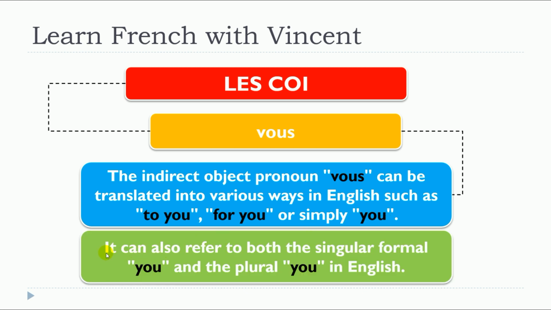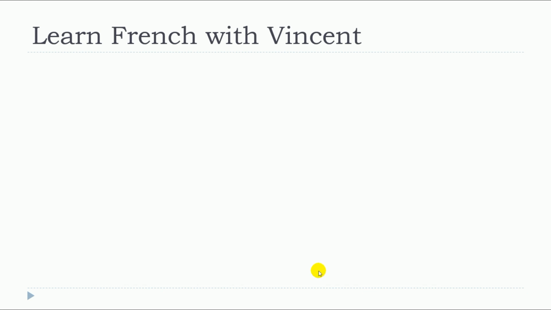Keep in mind, it can also refer to both the singular formal you and the plural you in English. So remember, we can use it for the singular formal form, you, and the plural form, you.